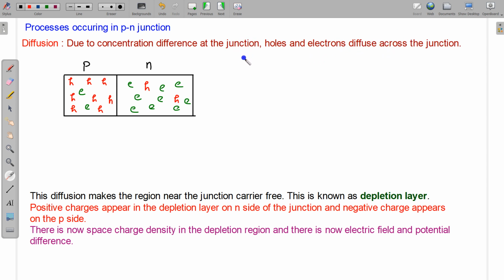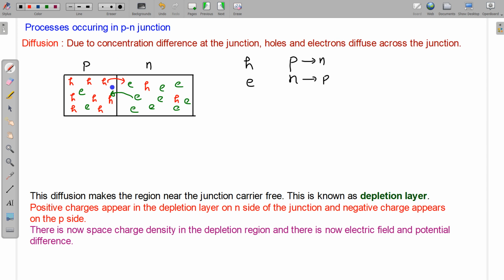Obviously holes will diffuse from p to n and electrons will diffuse from n to p. So across the junction these holes will cross like this, and these electrons will cross like this, due to this concentration difference.